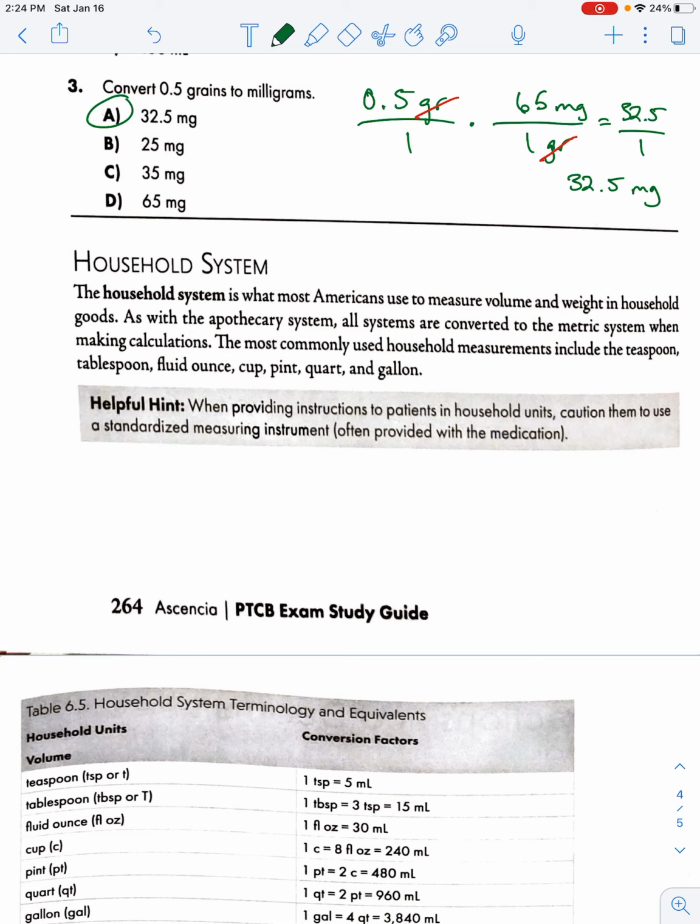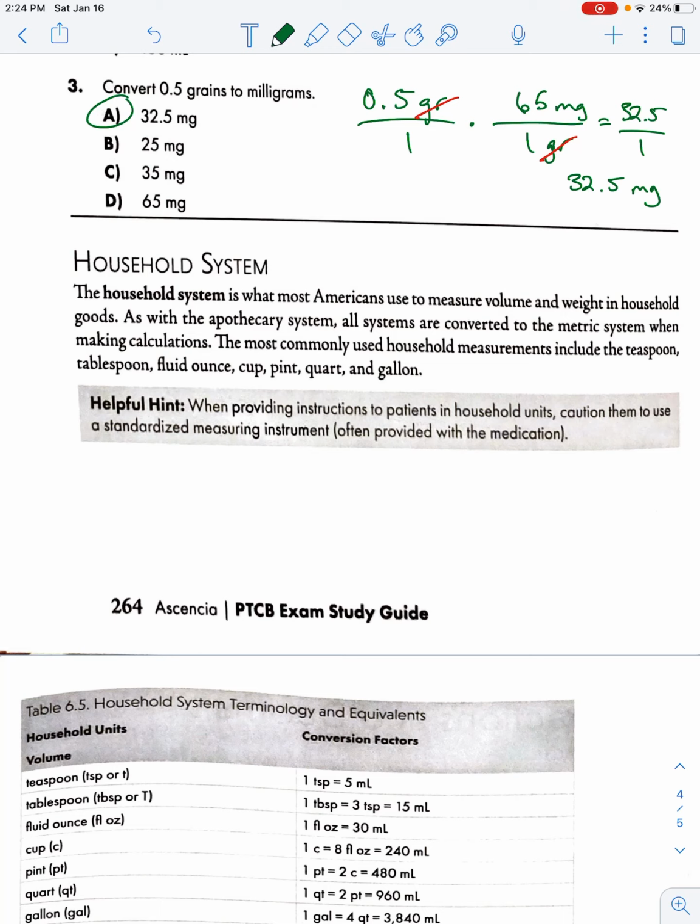So we like to be able to convert these household system units to our metric system units when we're making calculations. And it gives us a helpful hint here. It says, when providing instructions to patients in household units, caution them to use a standardized measurement instrument often provided with the medication.